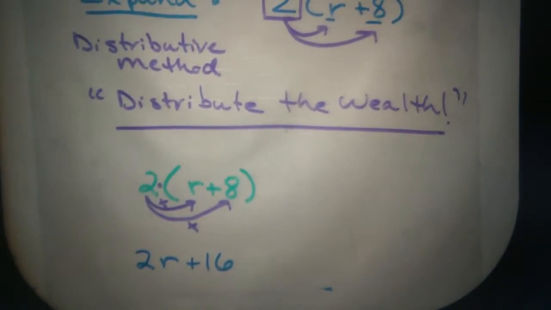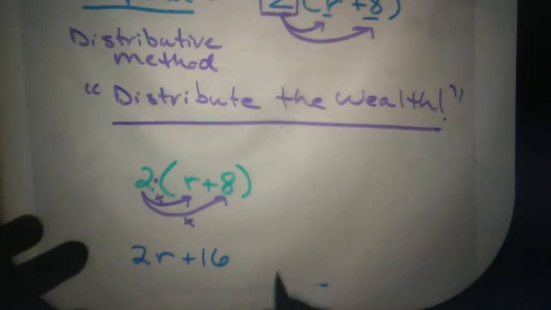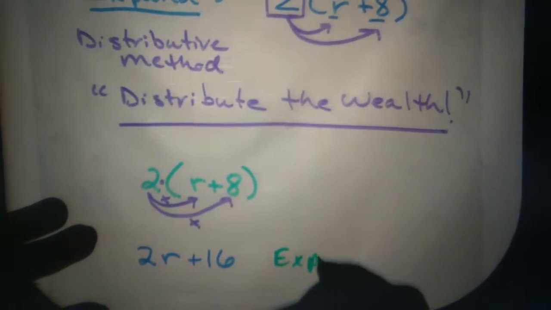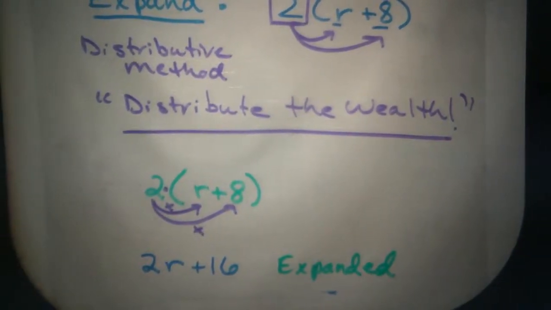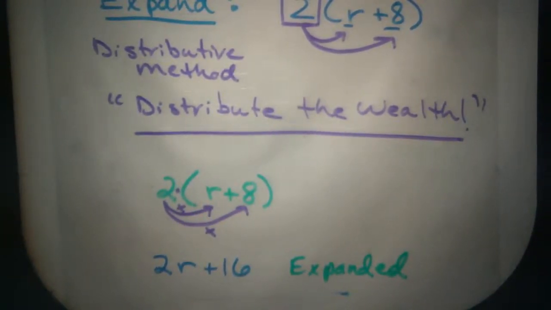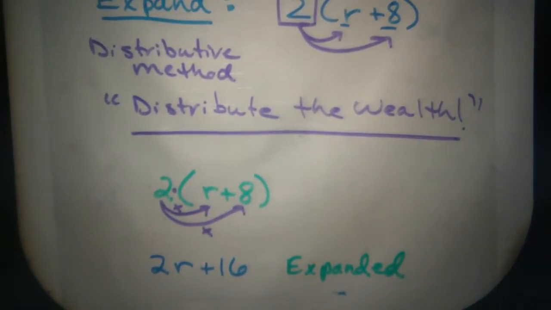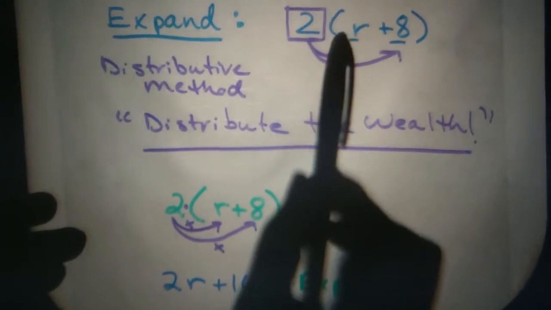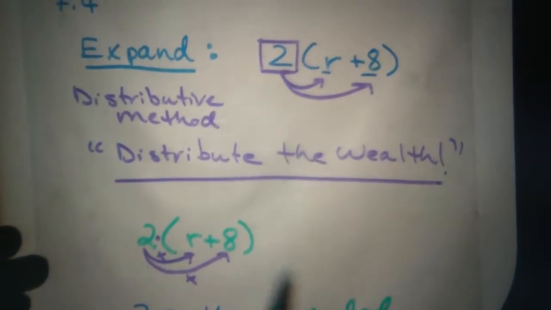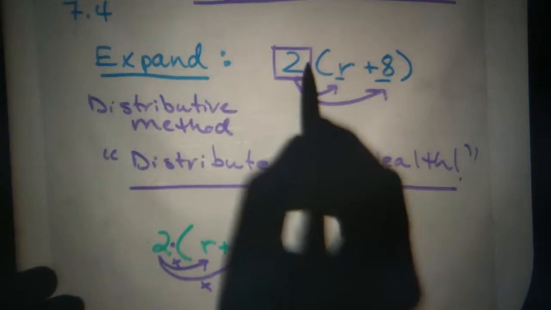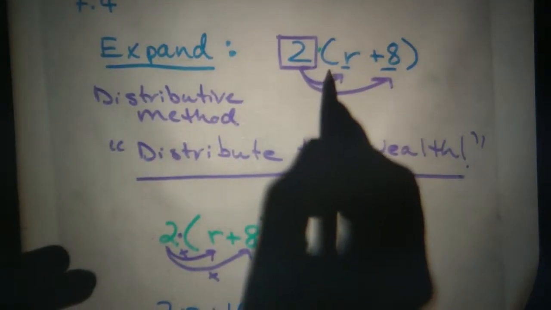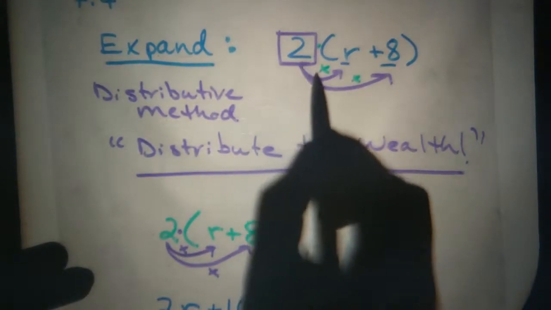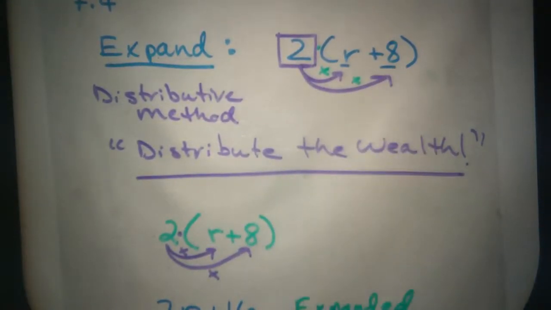So this is why it's called expanding, and this is your expanded expression. Alright? So what you need to remember is that it's just with whatever is butting up next to the parentheses that you have that imaginary multiplication symbol, and you're multiplying everything inside the parentheses.